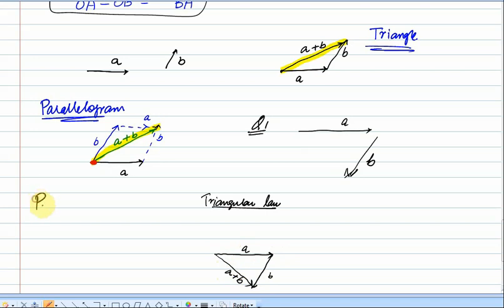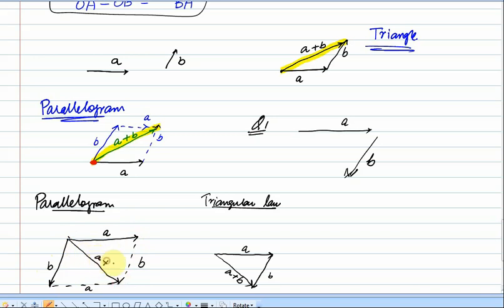If I attempt the same question by the parallelogram law of vector addition, I draw the vector A and with the same starting point I draw the vector B. Now complete the parallelogram. The diagonal represents the addition of A plus B, so that is my answer.